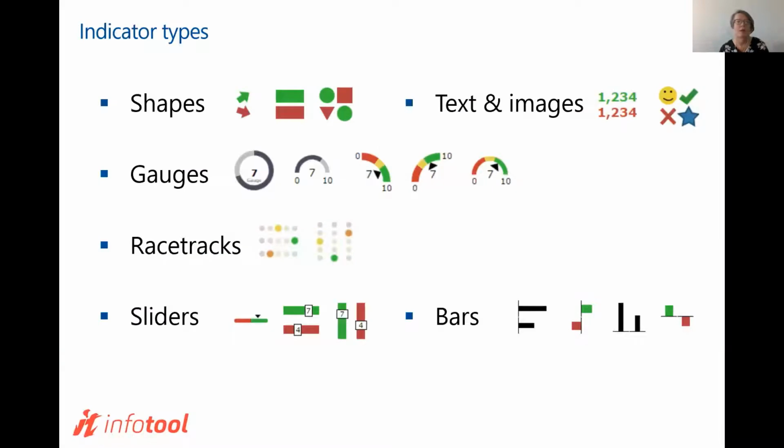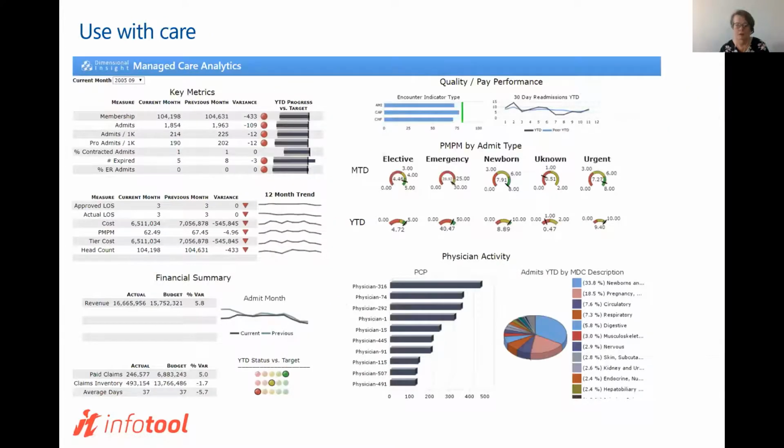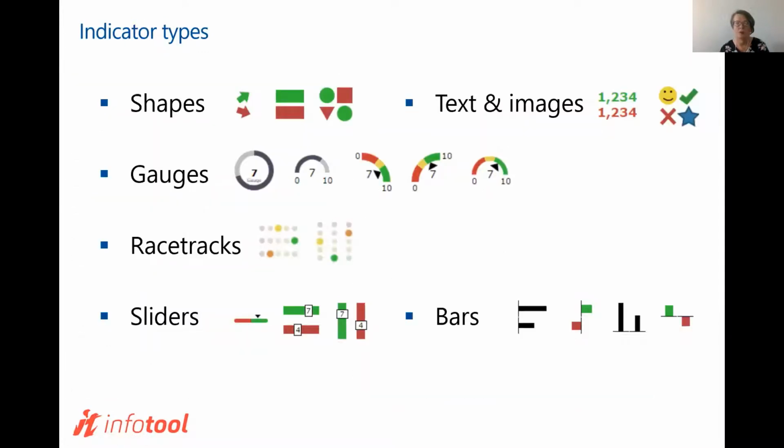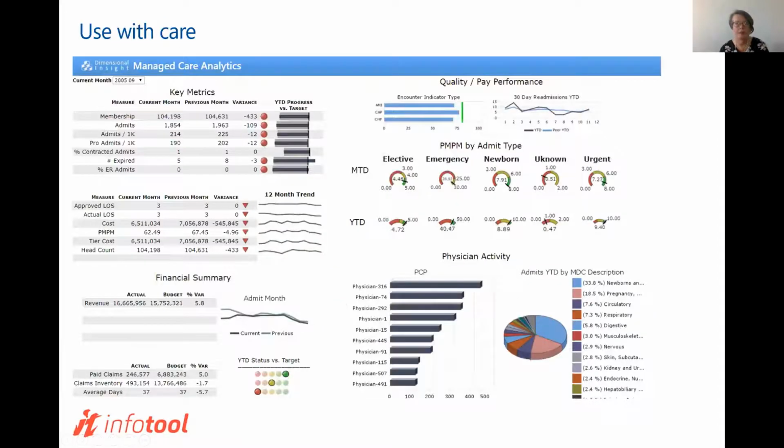Just to summarize the different indicator types, you can use all the different types and shapes. You can find them in the manual as well. Use with care, though.